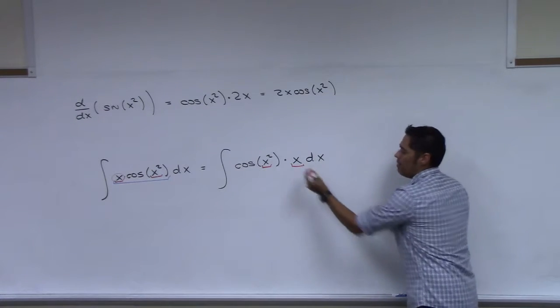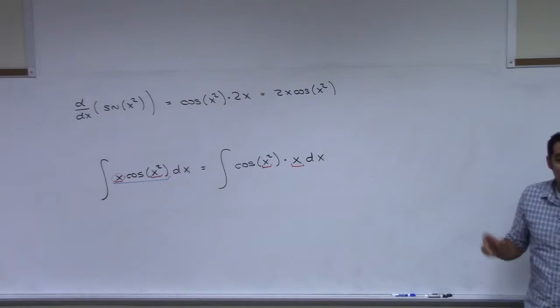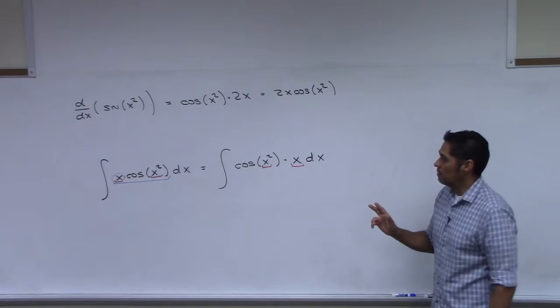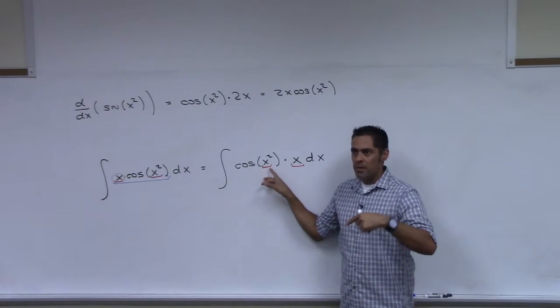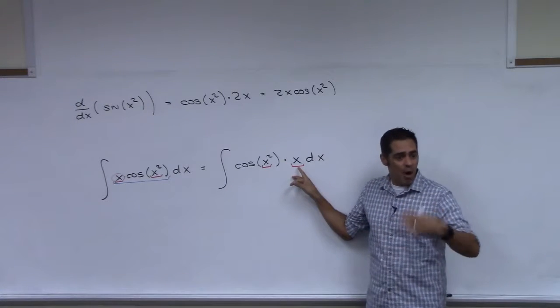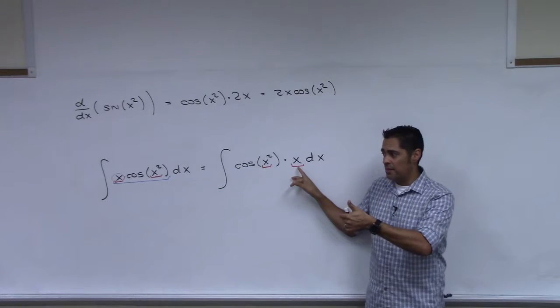Okay. Now, there's a part 4. The derivative might be off by a constant. That's good, because the derivative of this was what? 2x, and this is just x. I'm off by a constant. According to this technique, that is okay, all right?